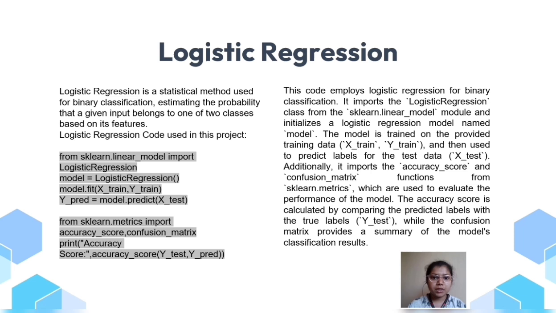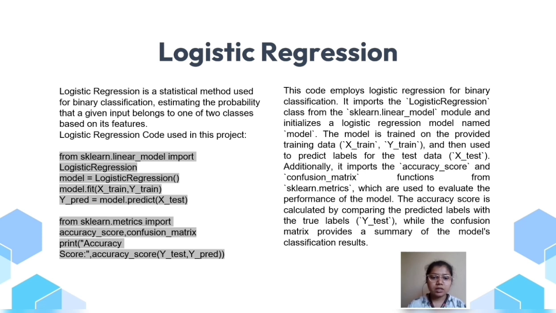Lastly, it prints the confusion matrix, which is a table that summarizes the performance of a classification model, showing the number of true positive, true negative, false positive, and false negative predictions.